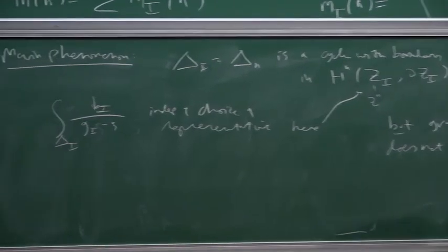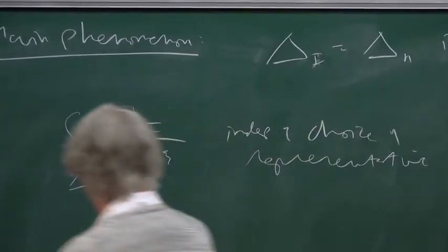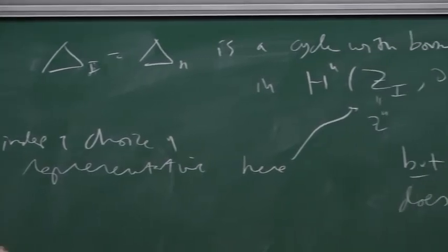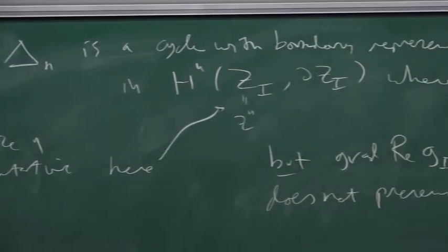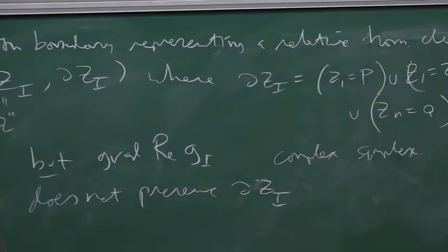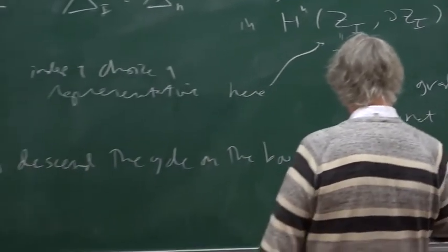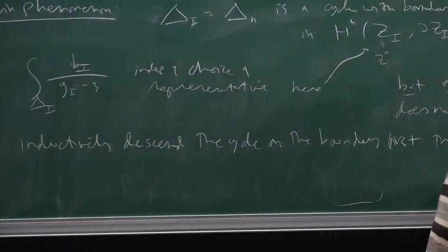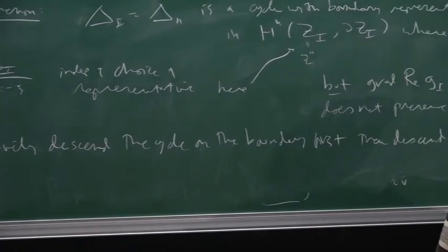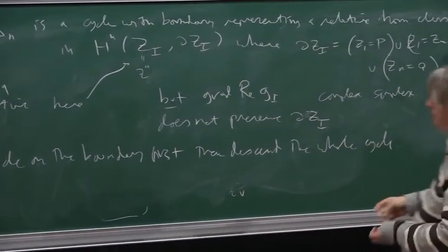Okay, so what do we need to do? We need to descend the cycle. So we need to inductively descend the cycle on the boundary first, and then descend the whole cycle.